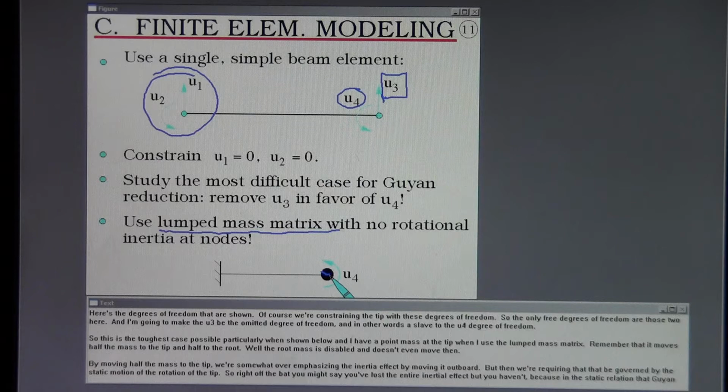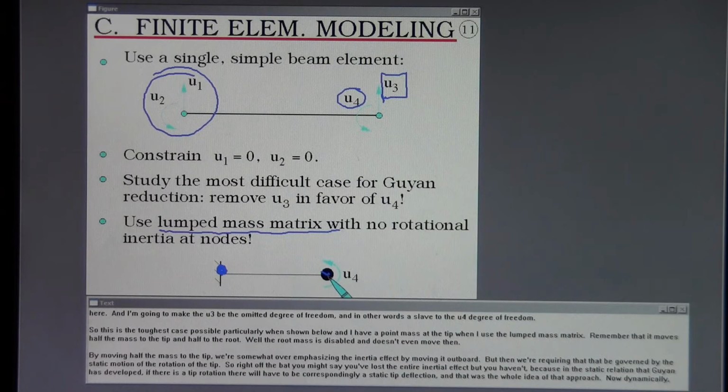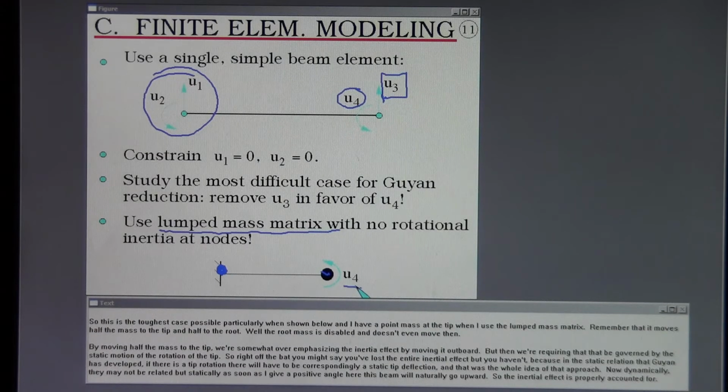By moving half the mass to the tip, we're somewhat overemphasizing the inertia effect by moving it outboard, but then we're requiring that that be governed by the static motion of the rotation of the tip. So right off the bat, you might say you've lost the entire inertial effect, but you haven't, because in the static relation that Guyan has developed, if there is a tip rotation, there will have to be correspondingly a static tip deflection.